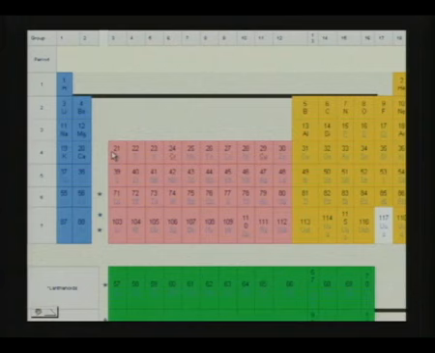Next we go to period 6. What is happening here? For lanthanum, 57, instead of the electron being added to the 4f orbital, it goes to the 5d level, and then for the rest it adds to the 4f level.